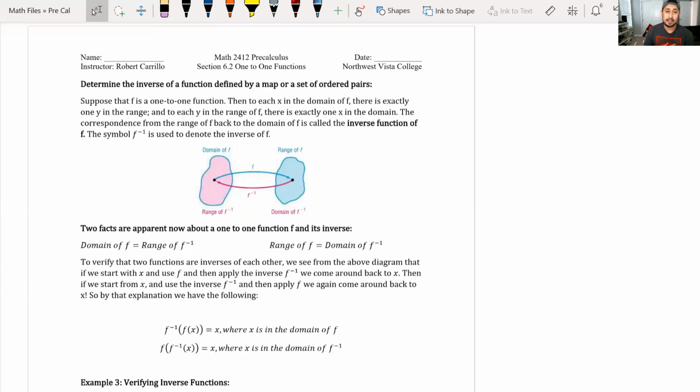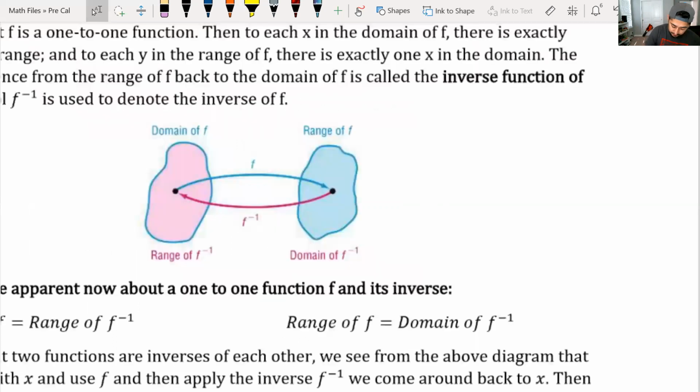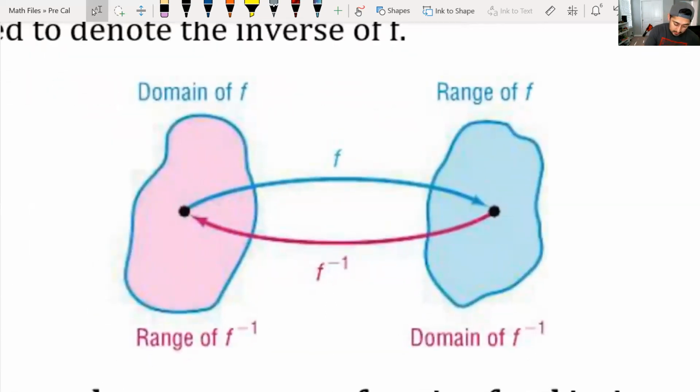So this is how we find inverses. If you are a one-to-one function, this means that to go from, let me zoom in on the blobs, so I'm just going to put an x here and a y there. So to go from x to y, we use f.